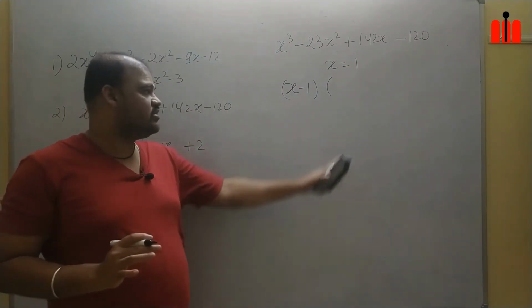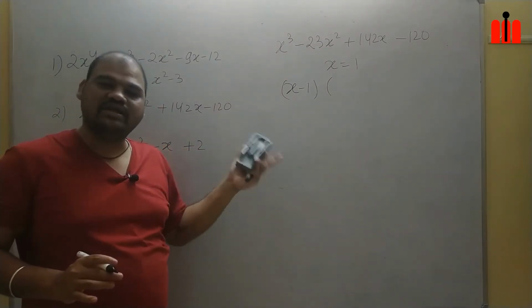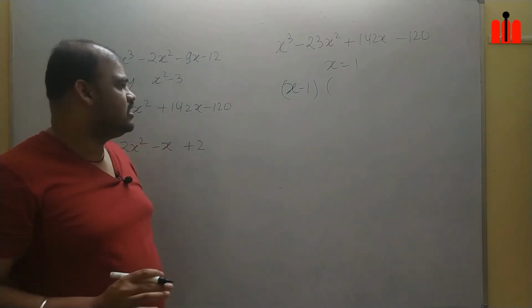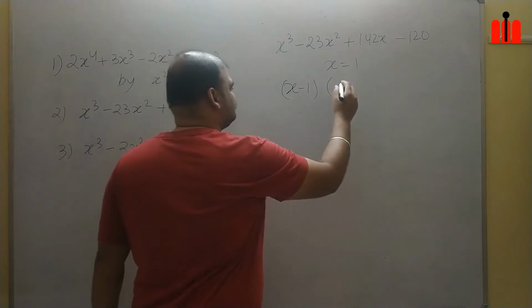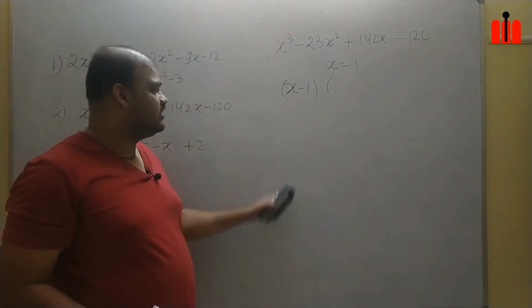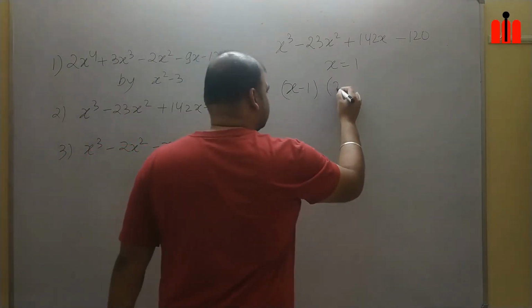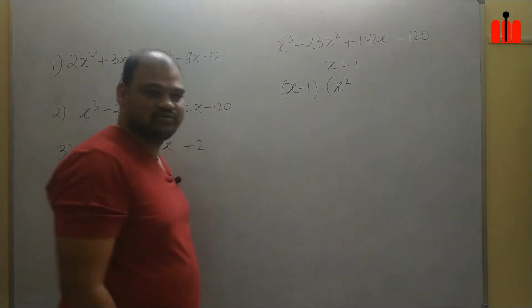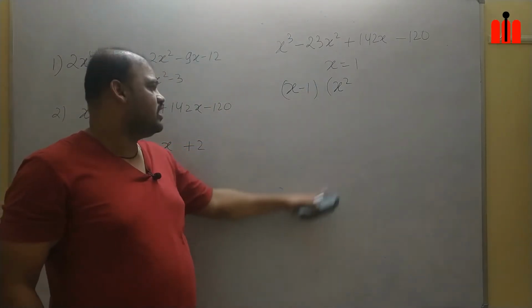Okay, are you getting it? Whichever is the zero, x minus that will be a factor of this expression. Now, first we see here it is x cube, right? Here we see it is x. So how will we match it? We will multiply with x square, then we get x cube.